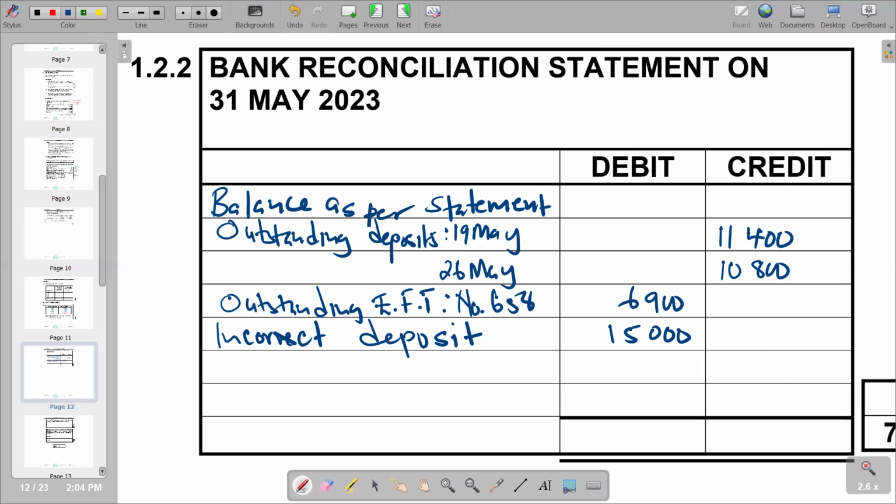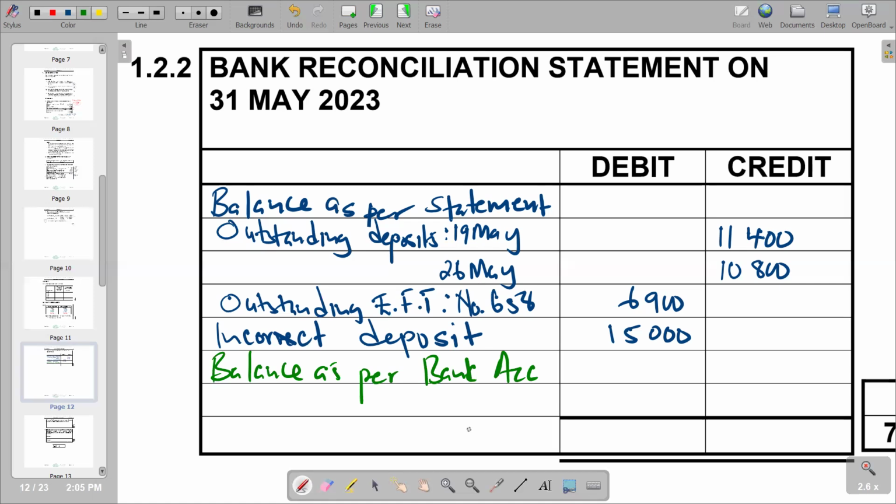So we are supposed to have our balance as per bank account here. This balance as per bank account, we cannot find it since we do not have the opening balance. We also have a missing balance at the beginning.